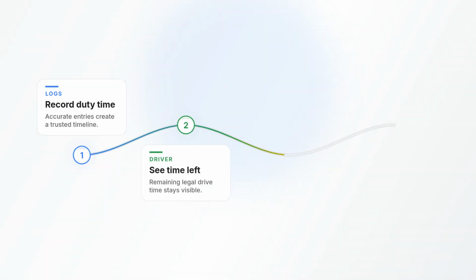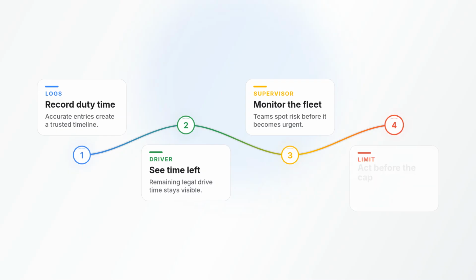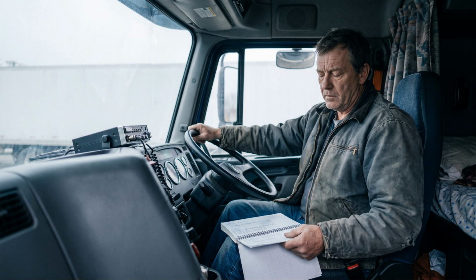From a safety standpoint, accurate logs help drivers and supervisors see how much legal driving time remains before a limit is reached. That visibility matters because fatigue risk often builds quietly. A bad log can make a driver appear to have more available hours than they really do, or hide how long they have been working.